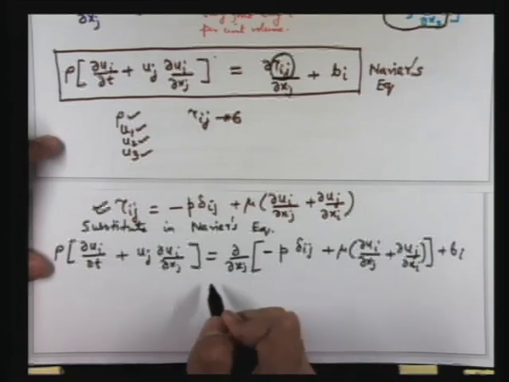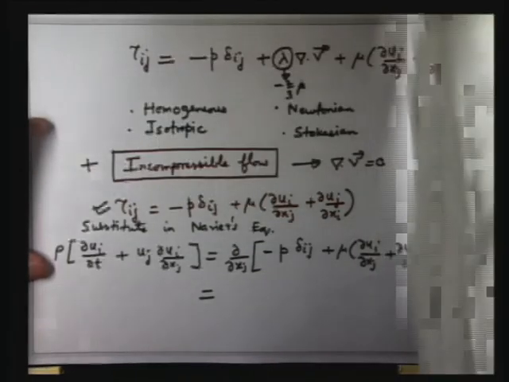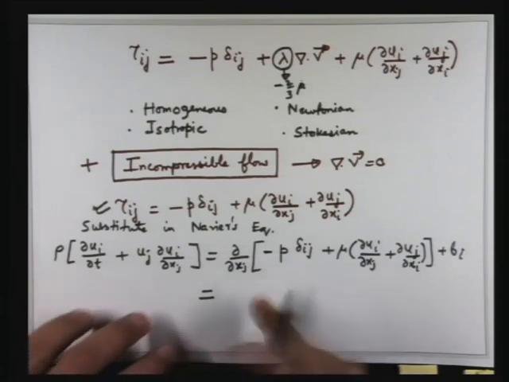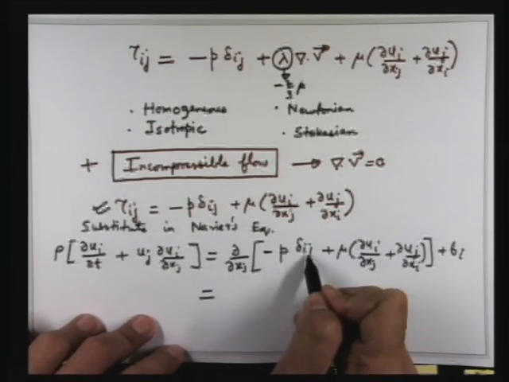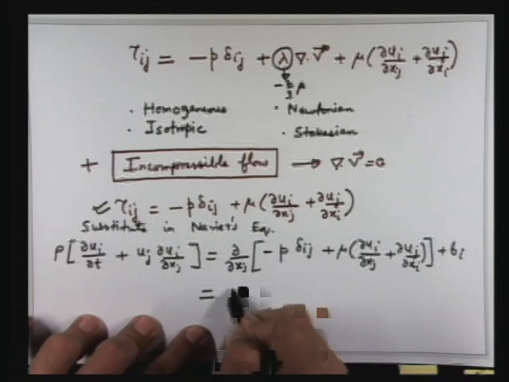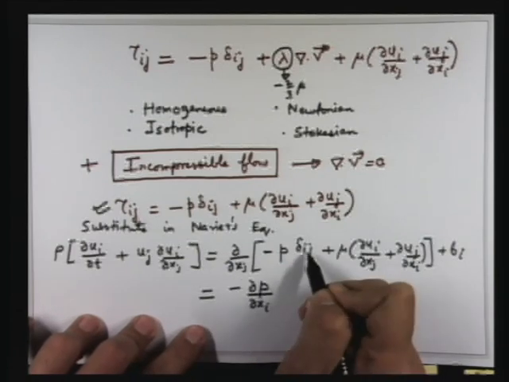So let us simplify the right hand side. Delta ij is 0 in general except when j equals i. When j equals i, this will become minus del P del xi, and then delta ij equals 1.